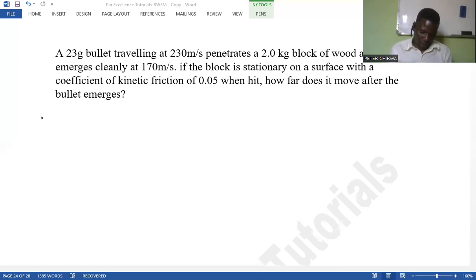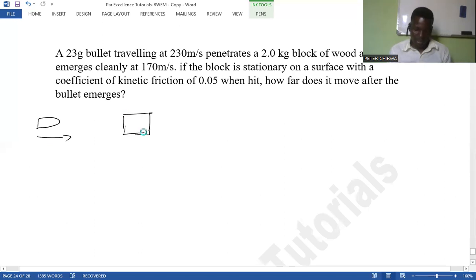So let's say we have a bullet that is moving, and we have a block. It's stationary, so let's say this is u1 and u2. Here is 0 because it is at rest. This one is moving at 230.